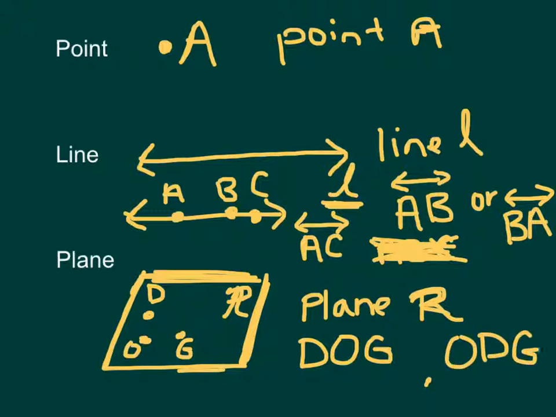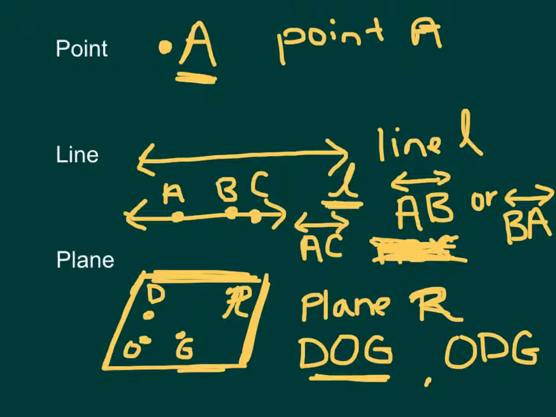That would be another good name for it. And a lot of times you'll see people write the word plane in front of it, but you have to make sure if you're using points that you use 3 points. So it takes 1 letter to name a point. You need 2 points to name a line, but you're going to need 3 points to name a plane.